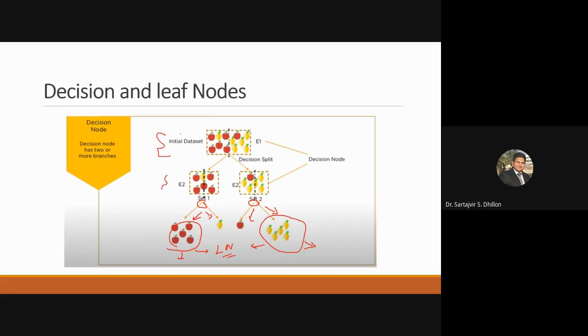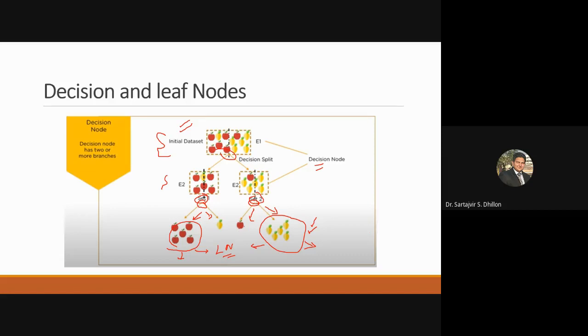This one is basically the initial dataset, but you will apply the rules over these two parts. Whichever boxes take the decision are referred to as decision nodes, and your end result is referred to as leaf nodes.